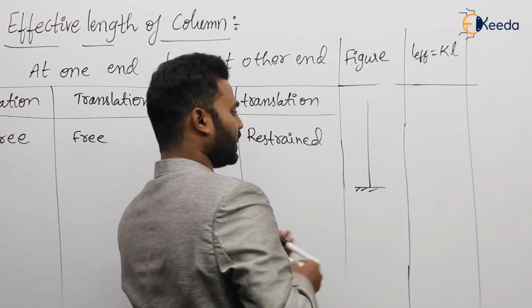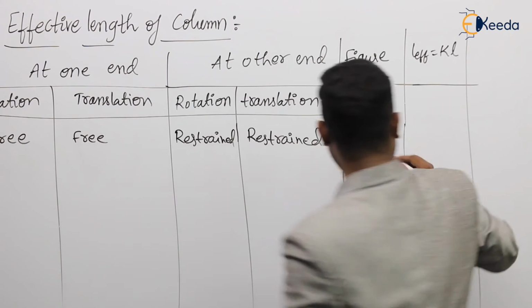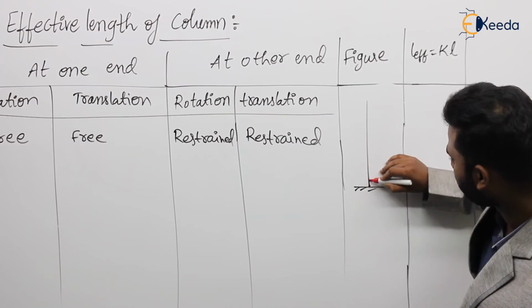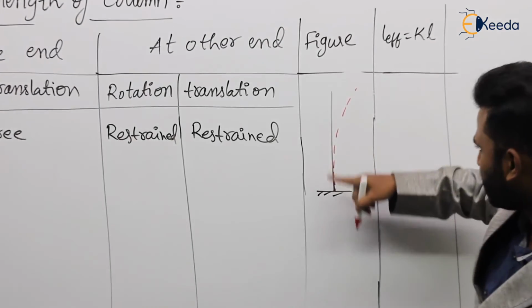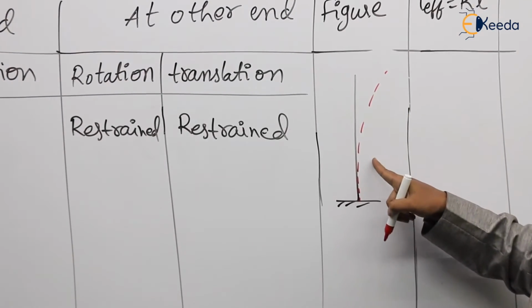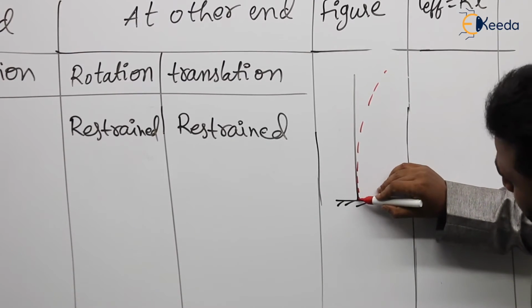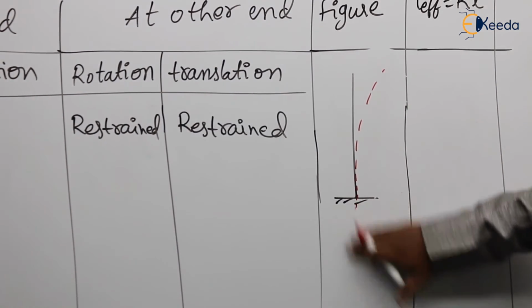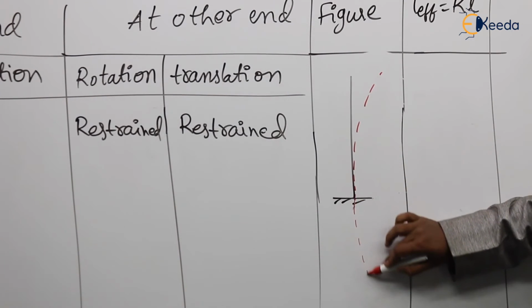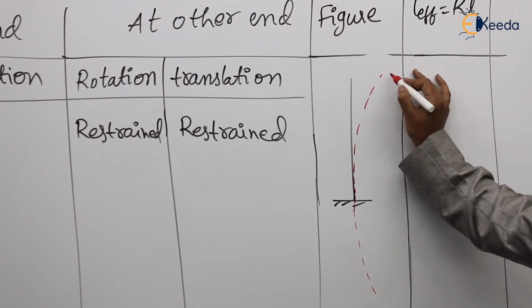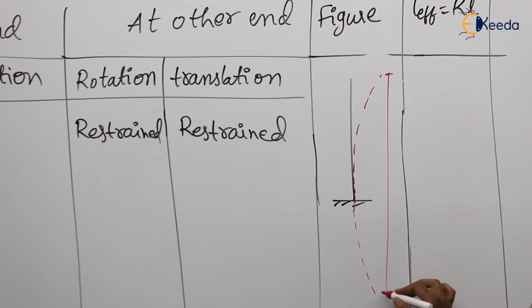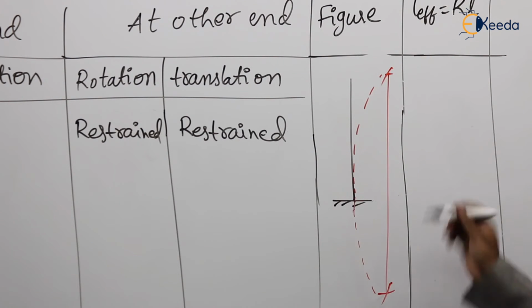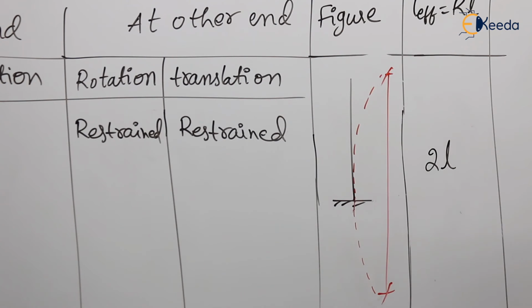Again, the elastic curve or deflected shape. We know the deflected shape will be like this. It is the same curvature. There is no change in curvature. So further extend on this side also. Now the distance between these two is considered as L effective in this case, which is 2L. Okay, which is 2L. Take it.